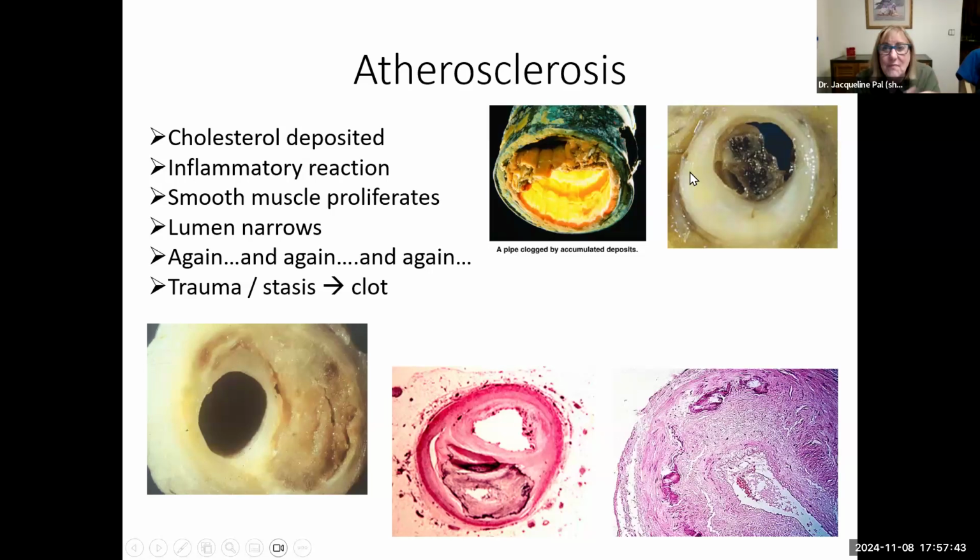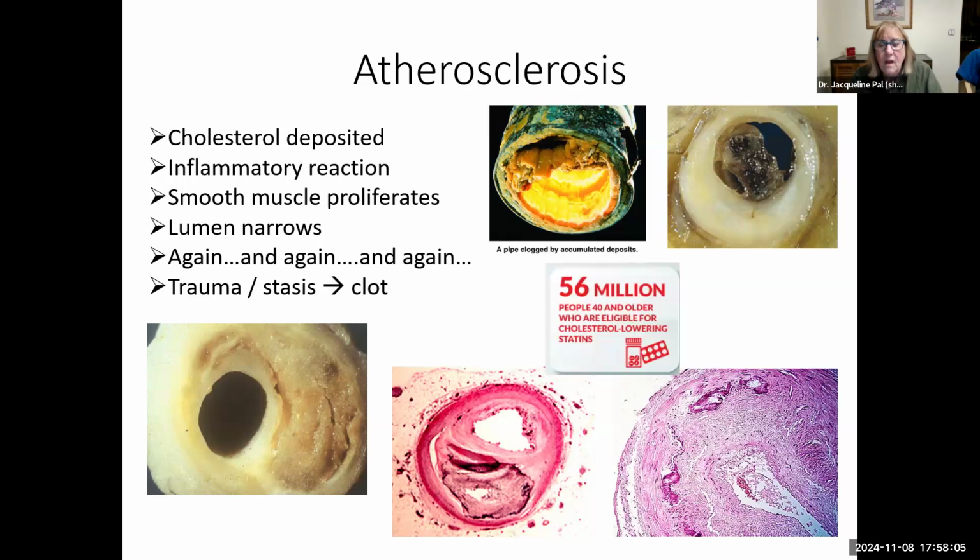Okay, now look at this blood vessel. This blood vessel was only about 40% occluded with atherosclerosis, whereas these are much more occluded. But the blood clot took this one down to like 85%, and that was enough to kill this person.